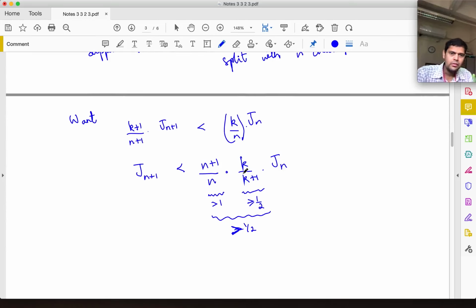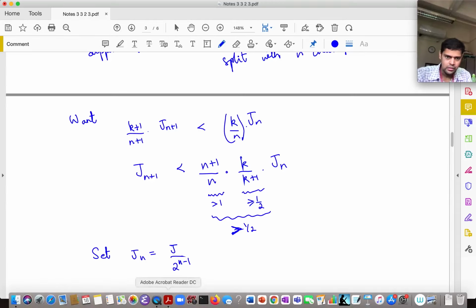So what we are going to do is set Jn equal to J, which is the total jackpot set aside for this particular challenge, divided by 2 to the power of n minus 1.